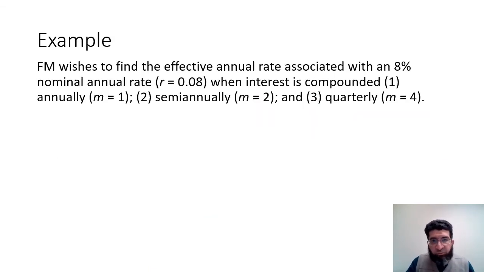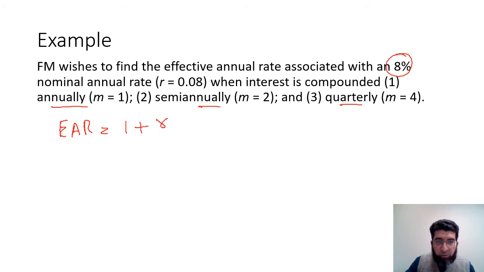So FM wishes to find the effective annual rate associated with an 8% nominal rate, with interest compounded annually, semi-annually, and quarterly. How do we calculate EAR? EAR is calculated as 1 plus r over m, raised to the power m, minus 1.